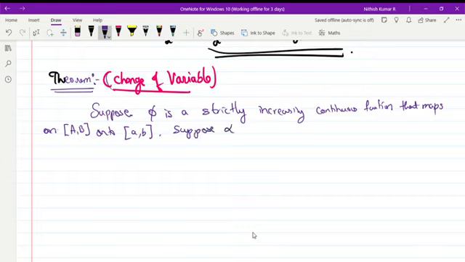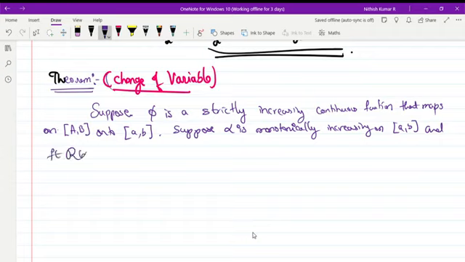Suppose alpha is monotonically increasing on the closed interval small a comma b, and f belongs to R of alpha, that is f is Riemann Stieltjes integrable on the closed interval small a comma b.